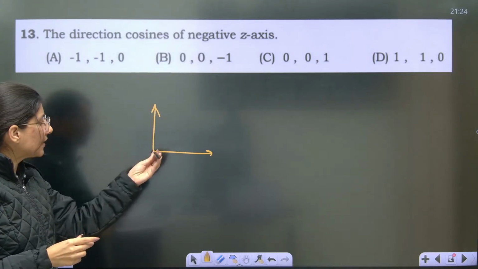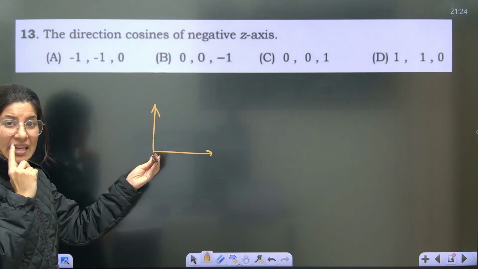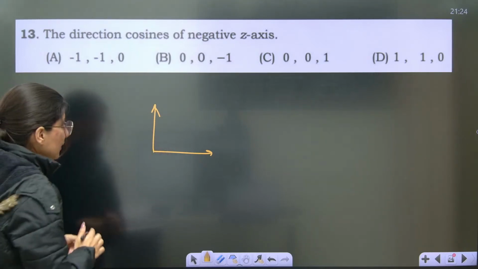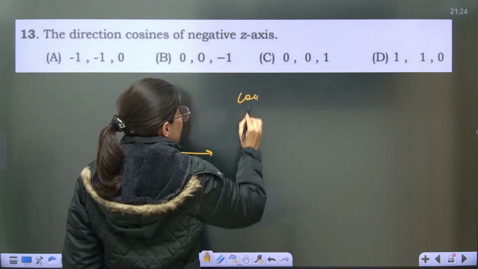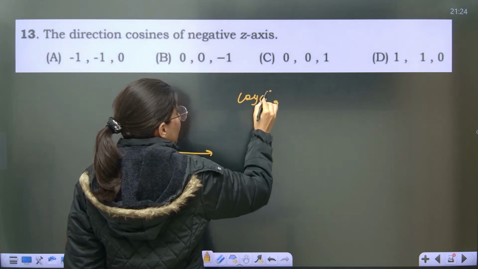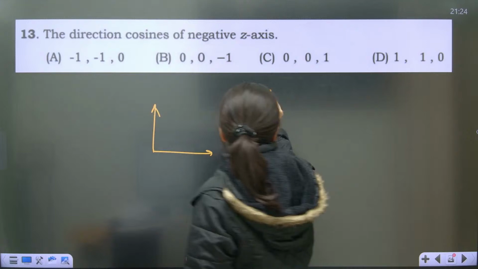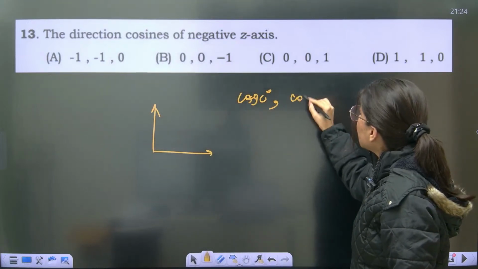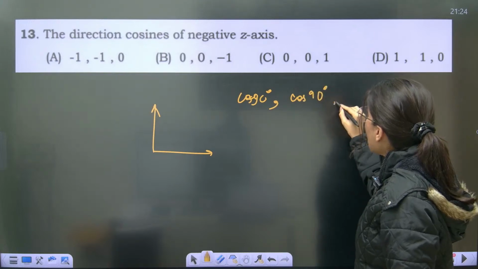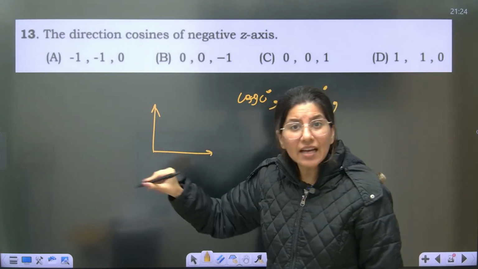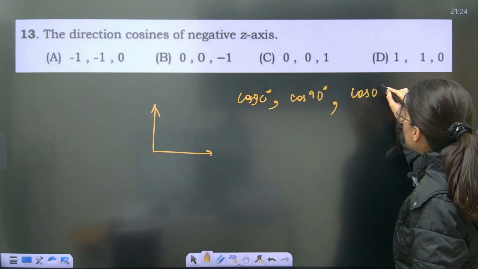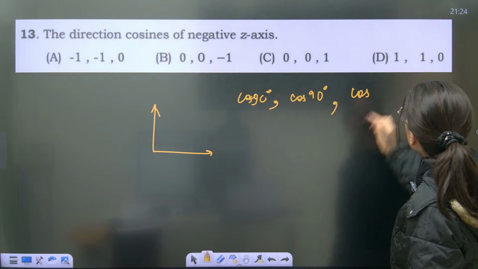Just tell me one thing, the z axis is making an angle of 90 degrees with x axis, so the direction cosine is cos 90 degrees. Then this z axis is making an angle of 90 degrees with y axis, and this z axis is making an angle of 0 degrees with itself, cos 0 degree or cos pi. Cos pi will also work.